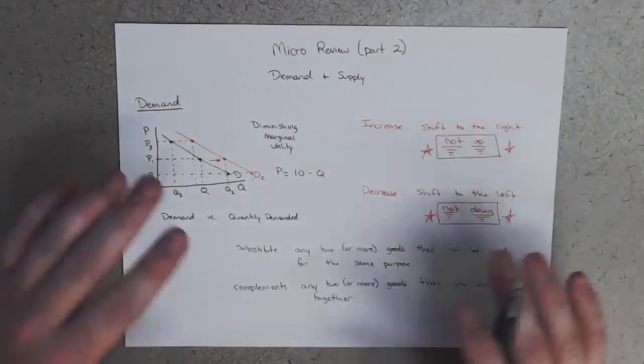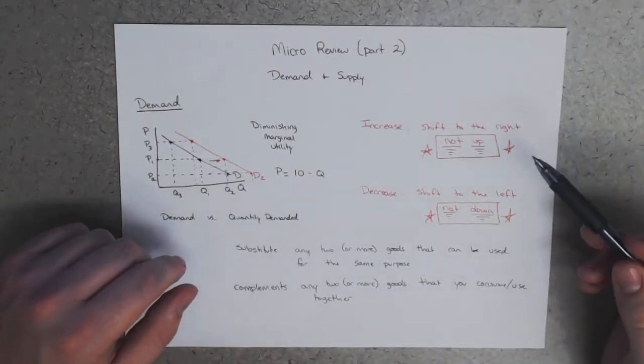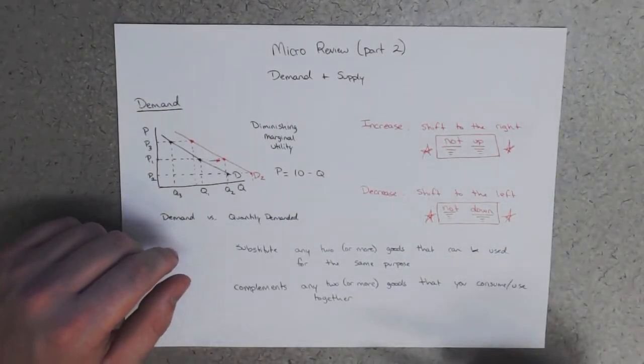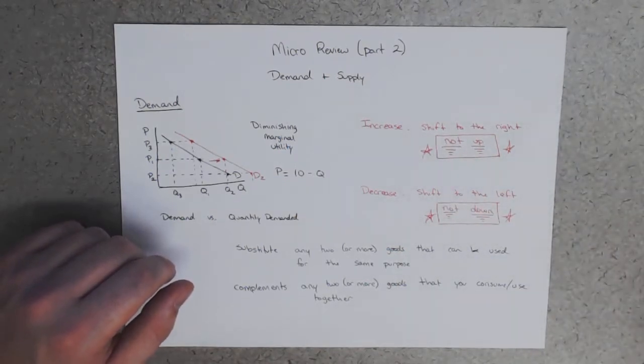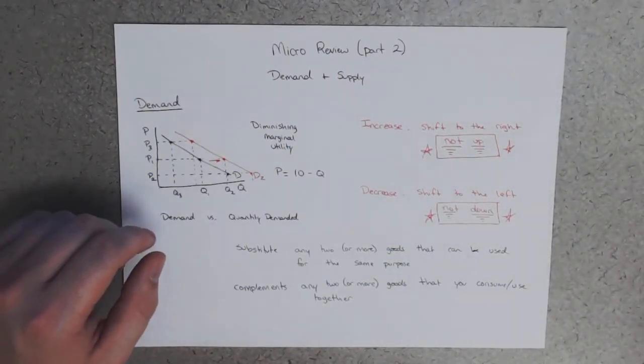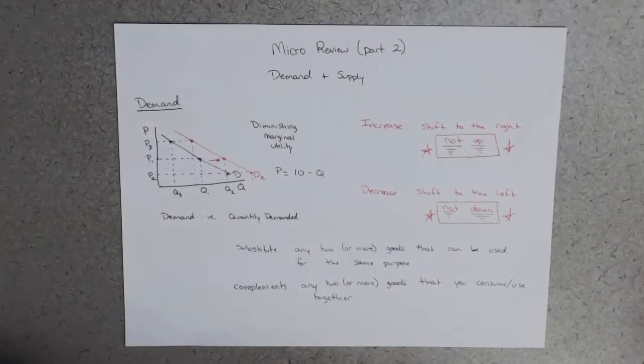So complements: if the price rises, you buy less of the complementary good, and if the price falls, you buy more of the complementary good. And the last thing, the sixth factor that shifts demand, is a change in income. Now this one is a little bit trickier because it can actually go in both ways.